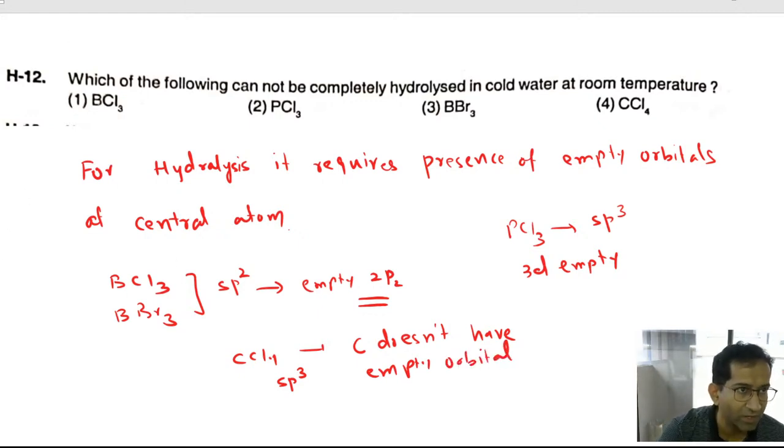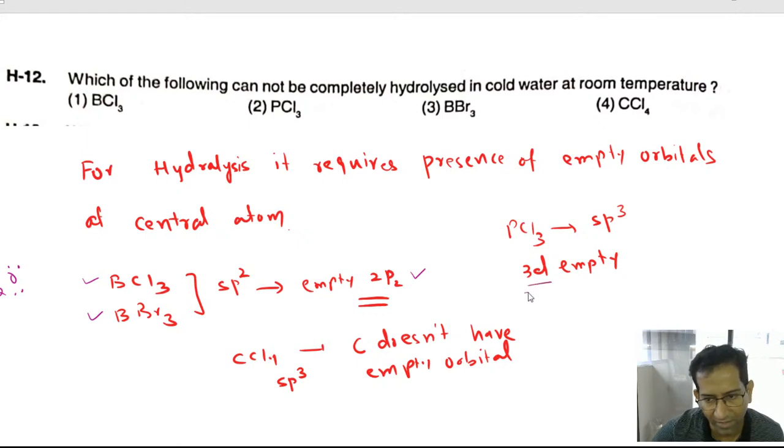Hydrolysis: what happens? The H2O molecule attacks as a nucleophile, and the lone pair of electrons of oxygen is donated into an empty orbital. For that, an empty orbital should be available. So BCl3 and BBr3 have empty orbitals available.